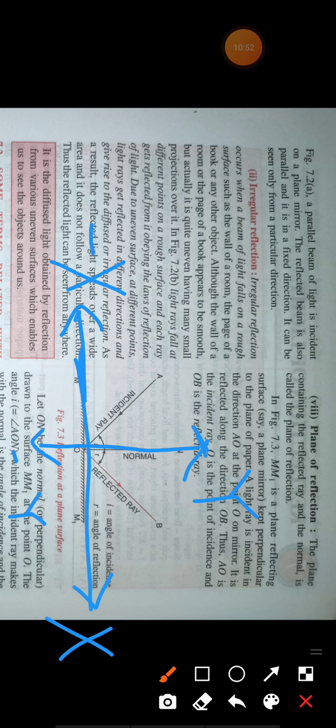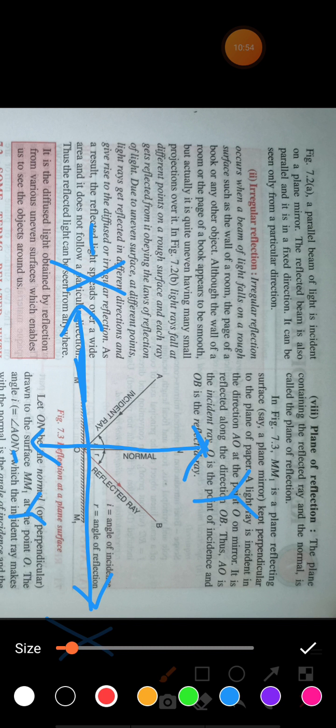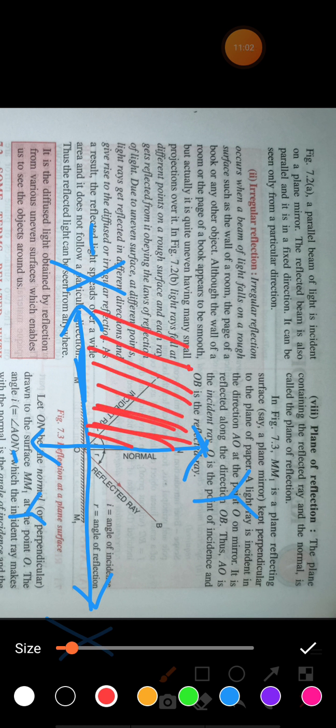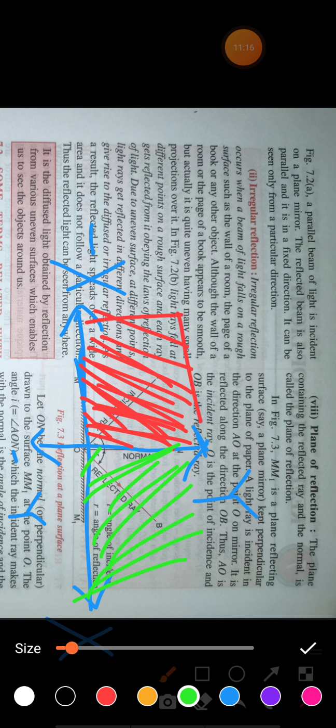Plane of incidence means the plane containing the incident ray and normal line. So this minus x, y plane is your plane of incidence, correct? This two-dimensional figure. Now plane of reflection means the plane containing normal line and reflected ray. So this plane, the green one, this xy plane is your plane of reflection.